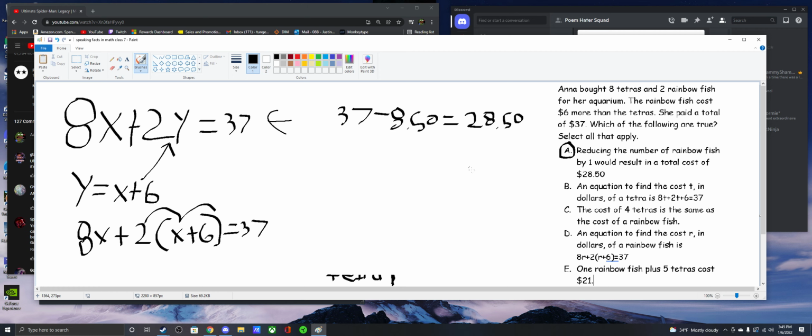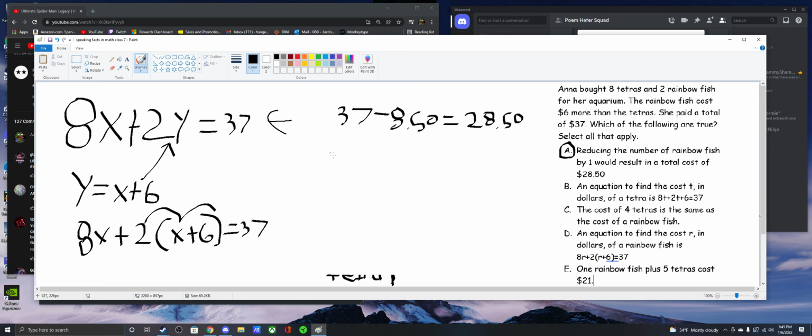A does work. B says an equation to find the cost t in dollars of a tetra is 8t plus 2t plus 6 equals 37. So this one, we can do that out. We already know the cost of tetra. It's 2.50, so we just plug that in.